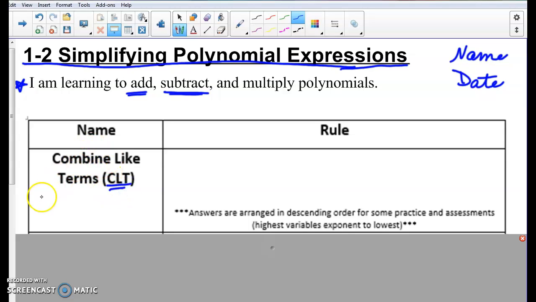But before we dive right into that, we have to remember that like terms are terms with the same variables.